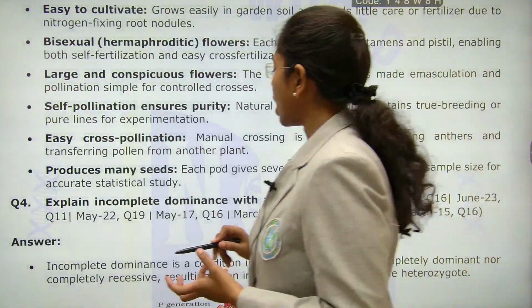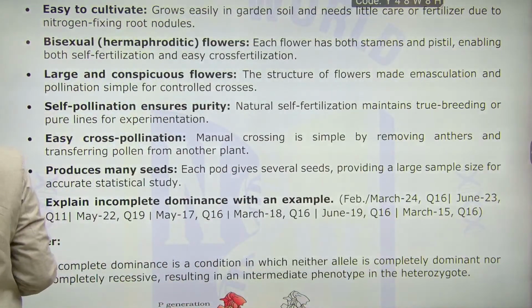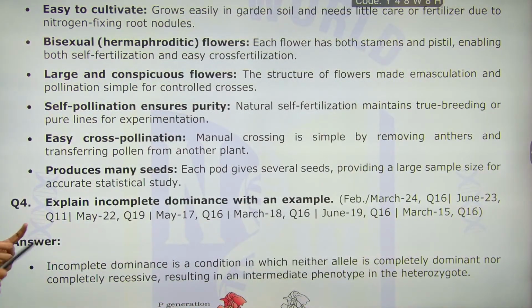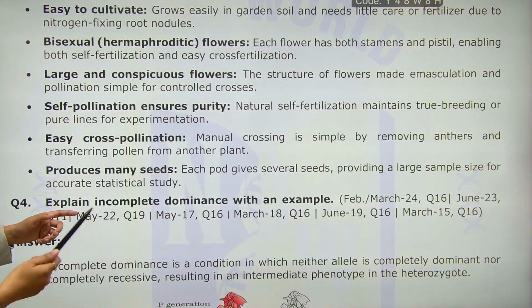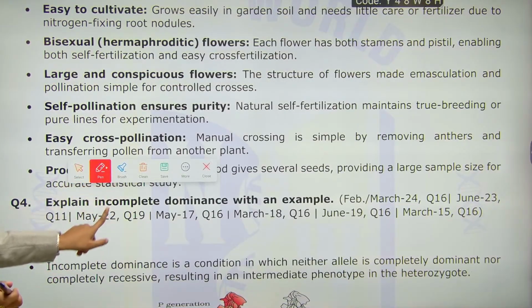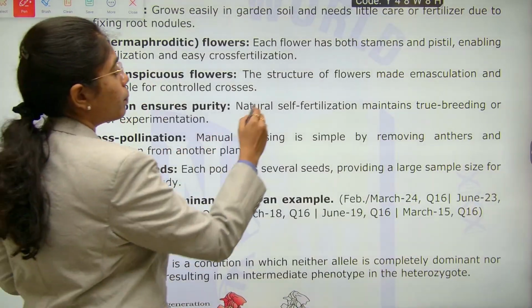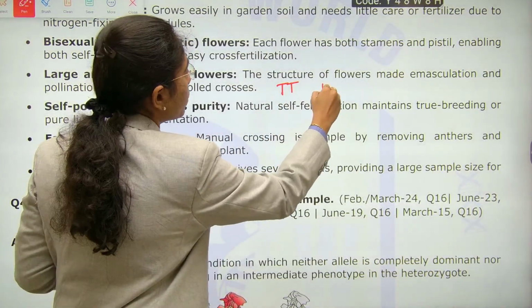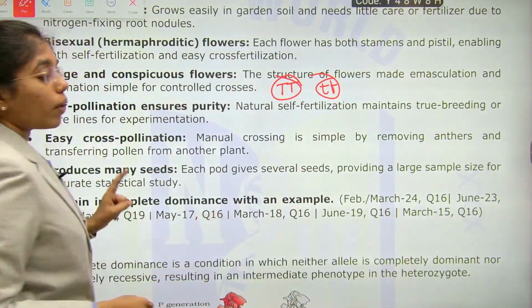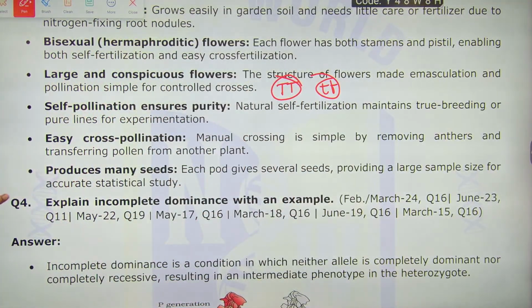And the next reason is self-pollination for pure lines. Crossing the same plant for the same trait gives pure lines, like pure homozygous tall and pure homozygous dwarf. For one character, pure lines are observed. Self-pollination ensures the purity.